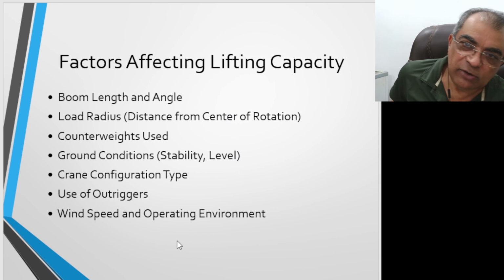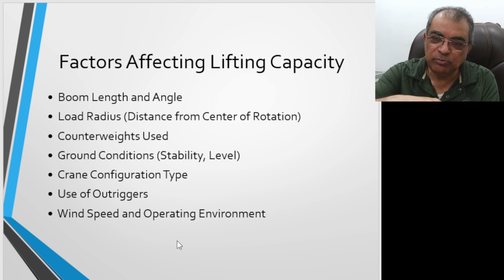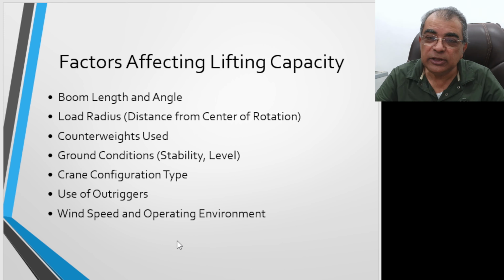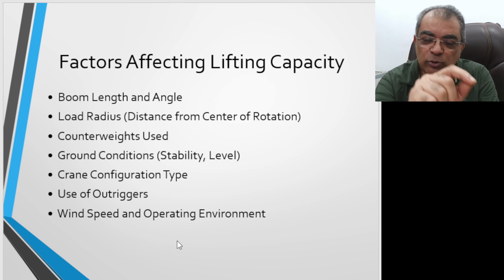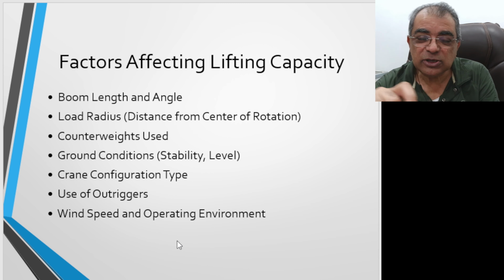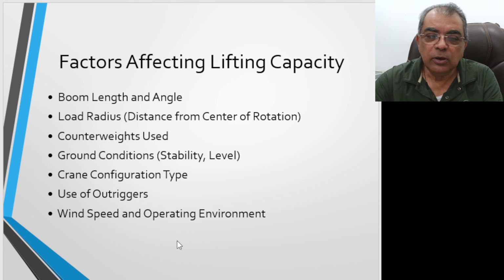Nowadays it is coming with a sensor also, because if it goes beyond that capacity it will alarm. But in the lifting plan you have to mention the configuration you are operating at, and as per the load chart, what the lifting capacity of that crane is. Okay.